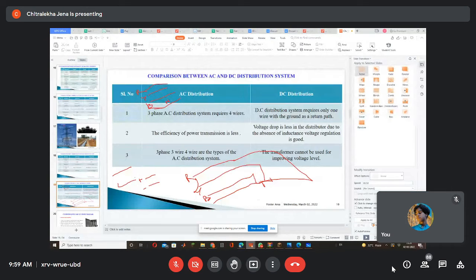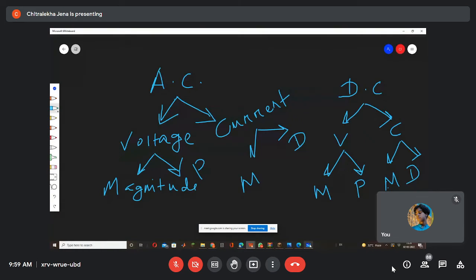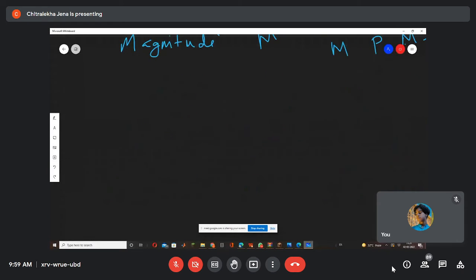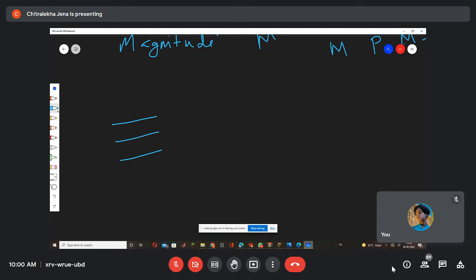In case of India, we actually have a 3-phase 4-wire system. There is a 3-phase 3-wire system and a 3-phase 4-wire system. In the 3-phase 4-wire system, we have R, Y, B, and this one is the neutral.